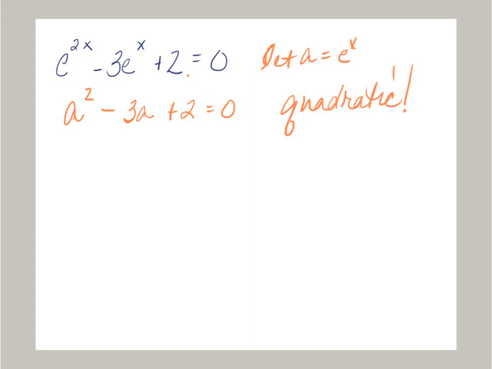And so I can use the quadratic formula, I can complete the square, I can factor, whatever makes me happy. Personally, it makes me happy to factor. So I'm going to factor this out, a minus 2, a minus 1, which means that a is 2 or a is 1. I put my e to the x back in because if I start with e to the x, I got to end with e to the x.